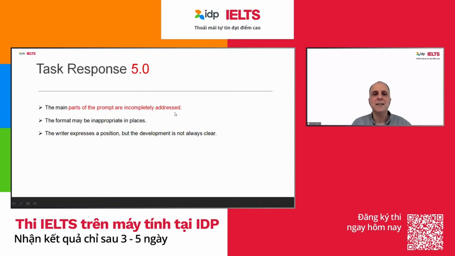What this basically means is if you see some keywords in the task and you completely misread them, for example you see health, and you talk about the pros and cons of staying healthy, but then talk about how gyms can improve health, then you've not addressed the task. The format may be inappropriate in places, and the writer expresses a position, but it's not always clear.